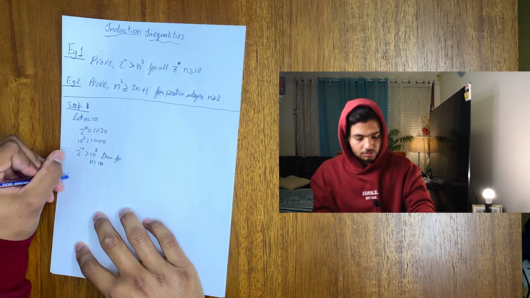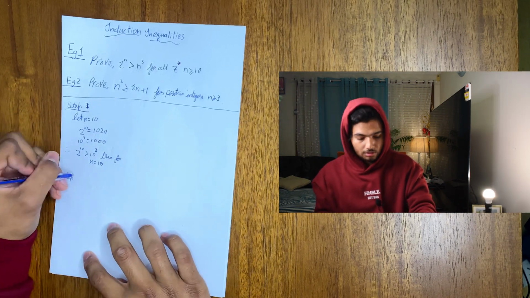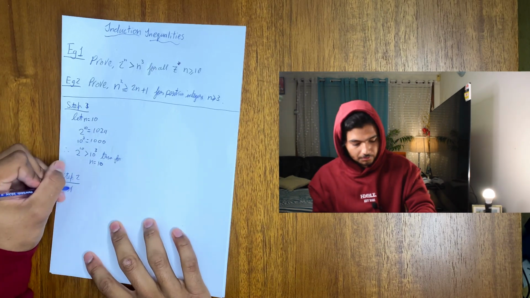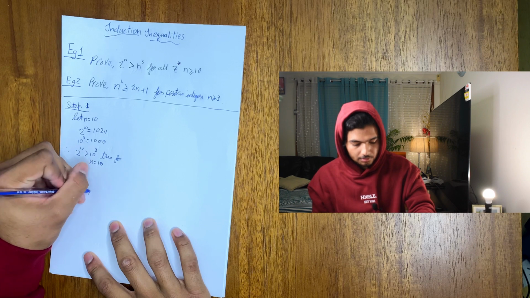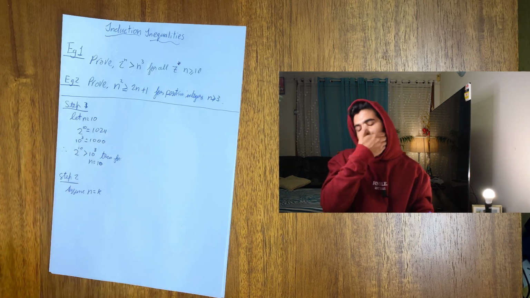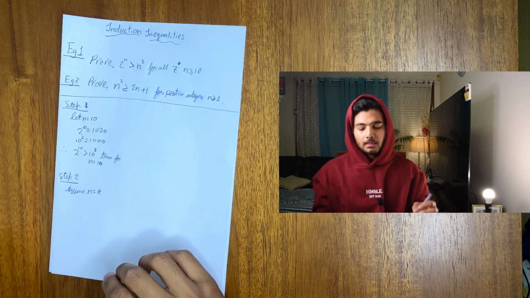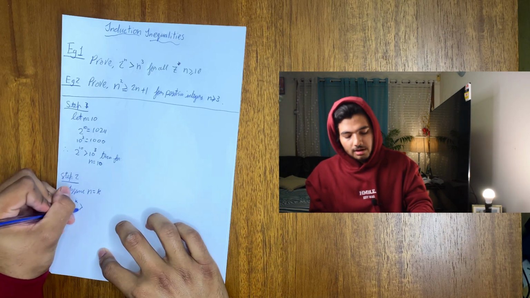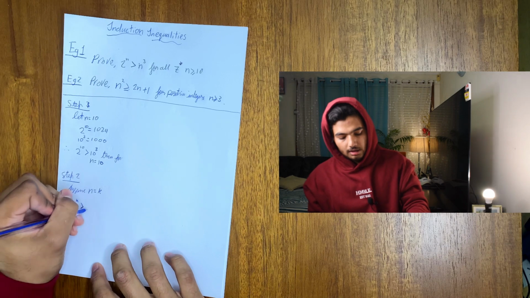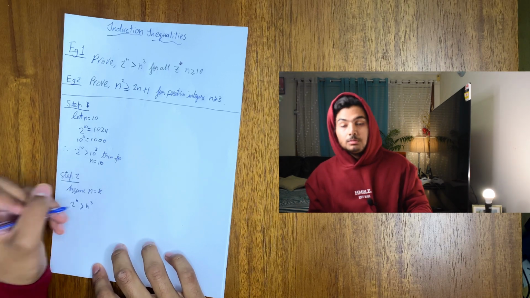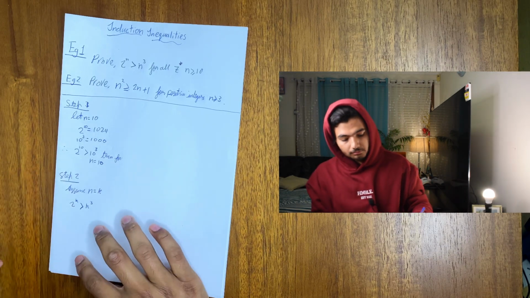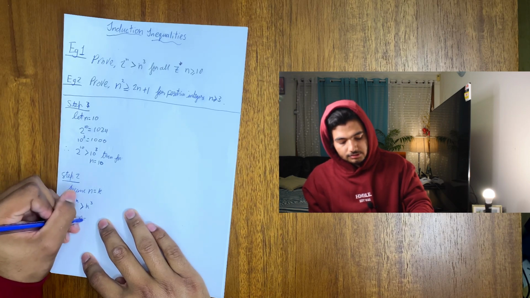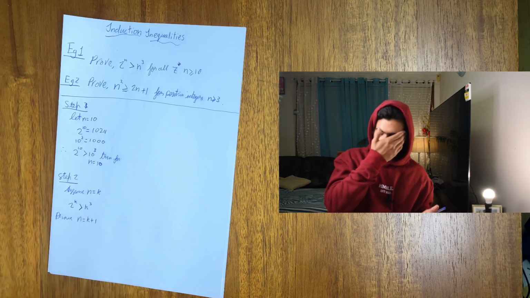Step 2. Assume n equals k, so this will then become 2 to the power of k is greater than k cubed. And now prove n equals k plus 1.